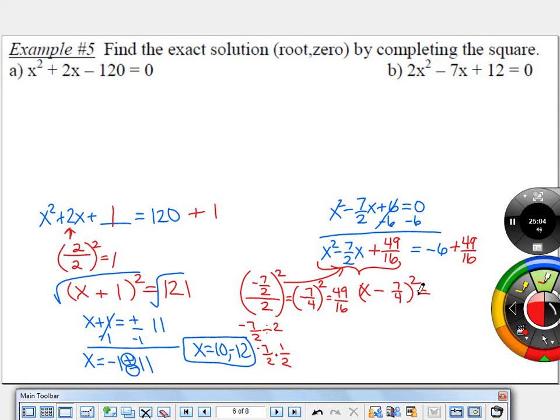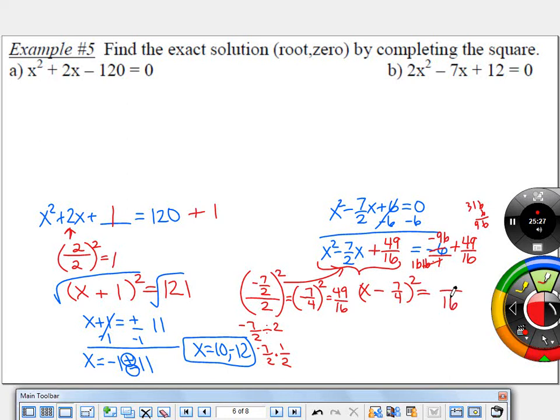Here, you do have to make a common denominator. So this is the fraction math you do have to do. So I'm going to multiply this by 16 to have a denominator of 16. And 6 times 16 is 96. Okay.